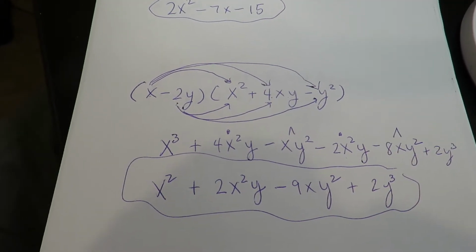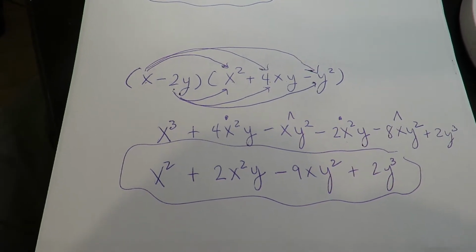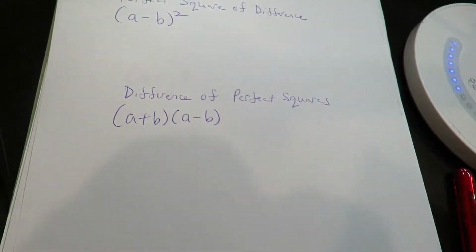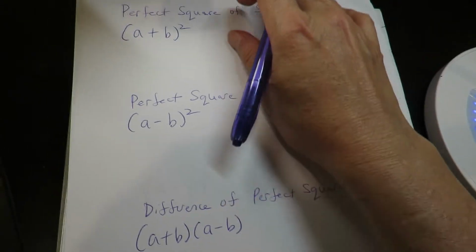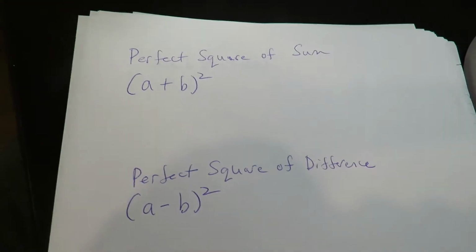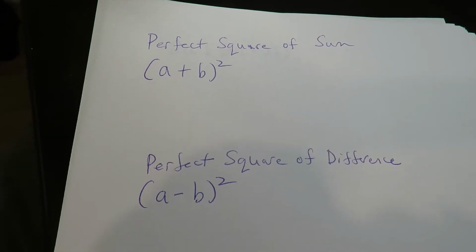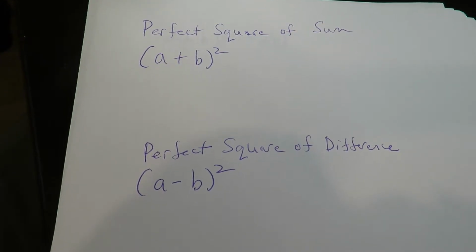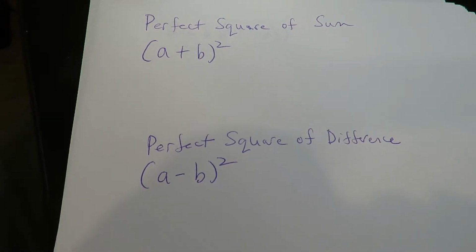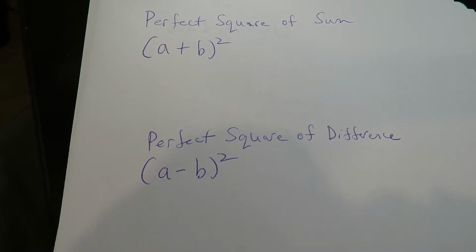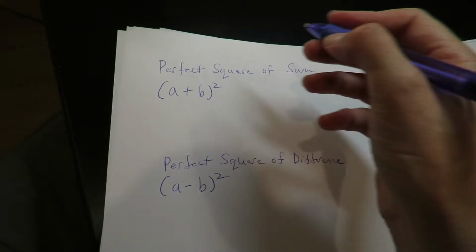So the FOILs get a little more intensive, but that's the basic idea. Now, we're going to eventually get into factoring very quickly. So I wrote down the words for this because if you understand it in terms of multiplying, it's easier to factor it.